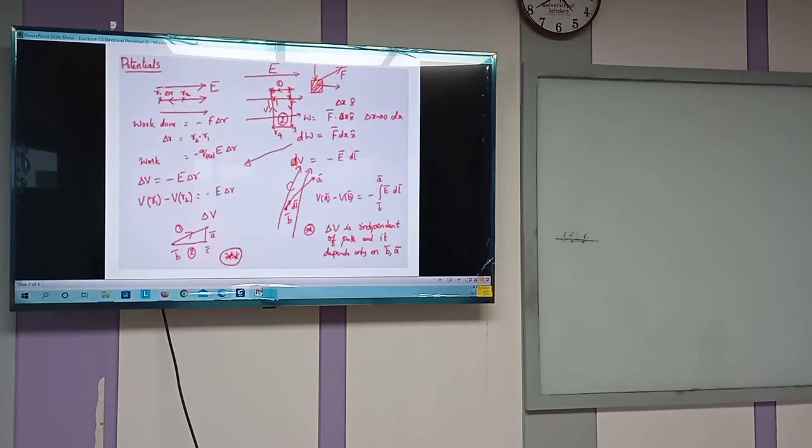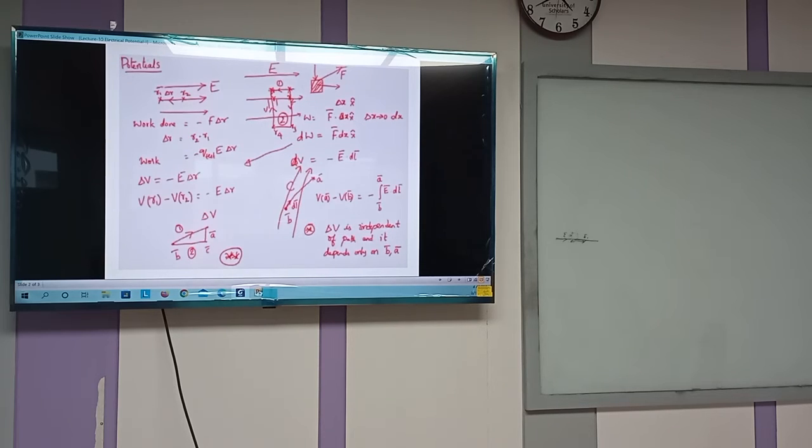This is because I assume that the direction of movement is along a certain r direction. And what is the potential difference here? It is the potential difference between the points R1 and R2, which is equal to minus E times del R. Now, there is no requirement that I should always move along the line that is parallel to the electric field.